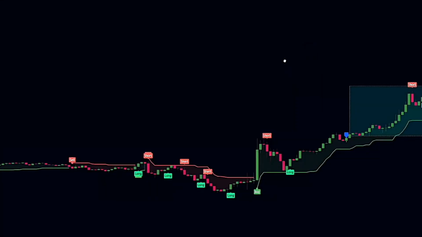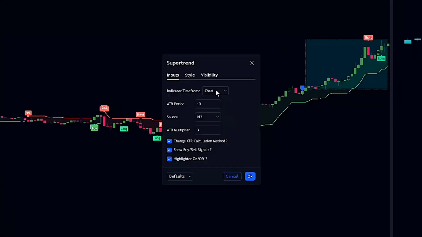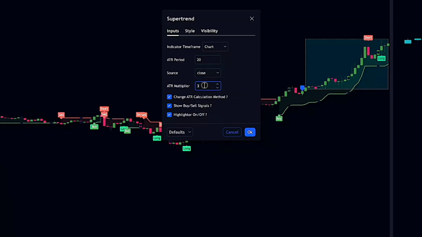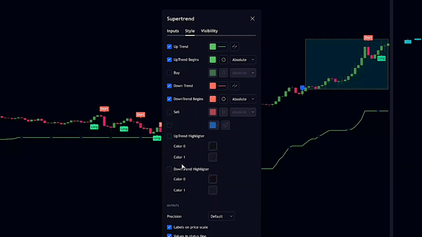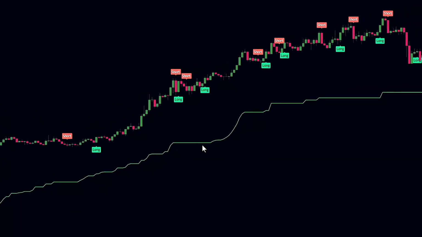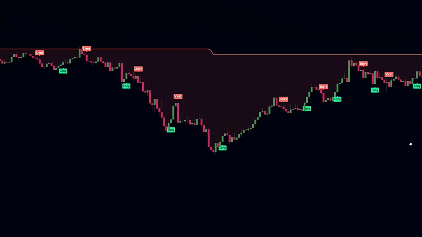Next, we'll modify the super trend indicator settings to make it less sensitive to price so it tracks longer term trends. We're going to use the super trend indicator as a trend confirmation tool. When the price is consistently above it, that's a bullish trend. When the price stays below it, that's a bearish trend.